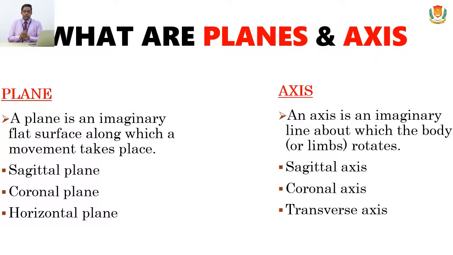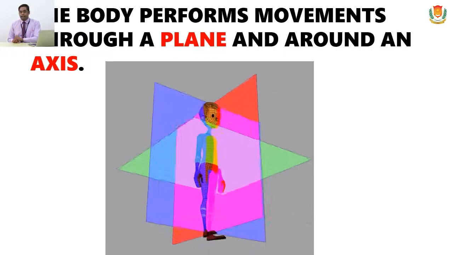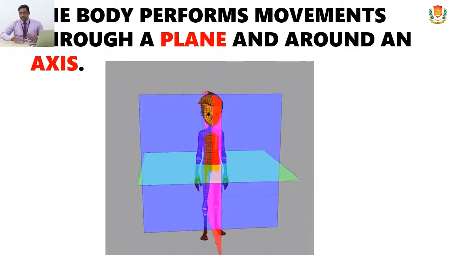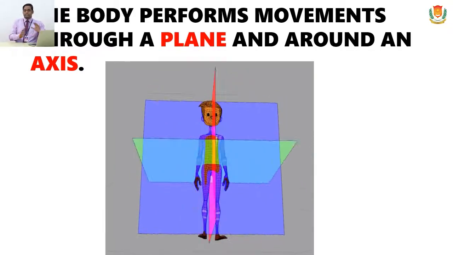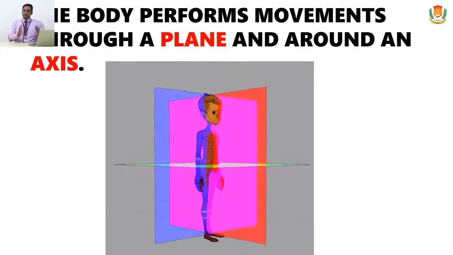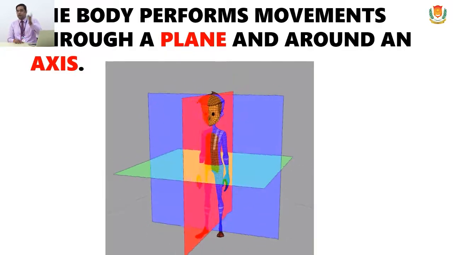Now, coming to a very important thing: the body always performs movement through the plane and around an axis. As I discussed in the last slide, the movement always happens along the plane and around the axis.